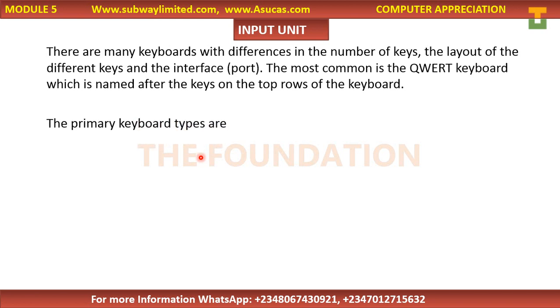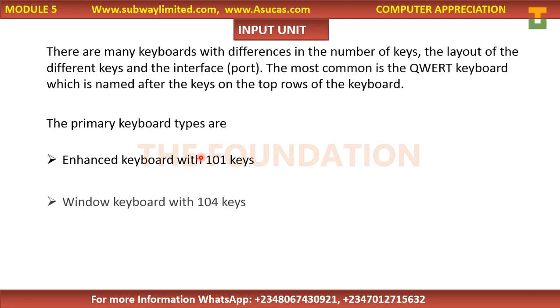There are different types of keyboard, and we will not go into that. We just want to let you know, this is for maintenance students. The enhanced keyboard has 101 keys, and the Windows keyboard has 104 keys.